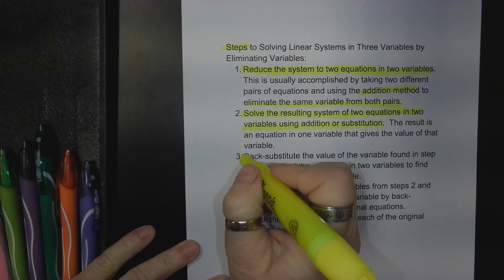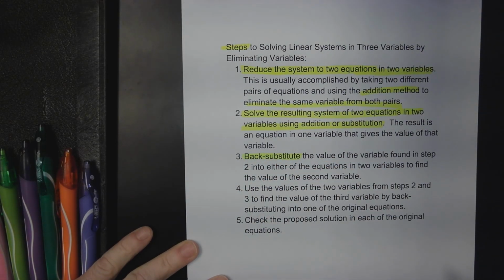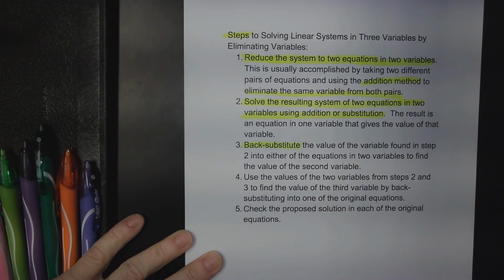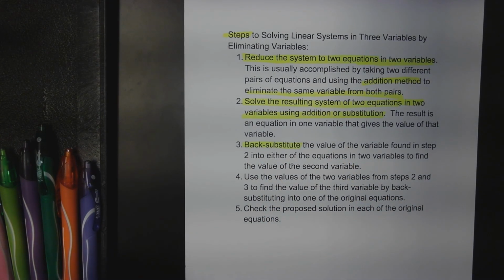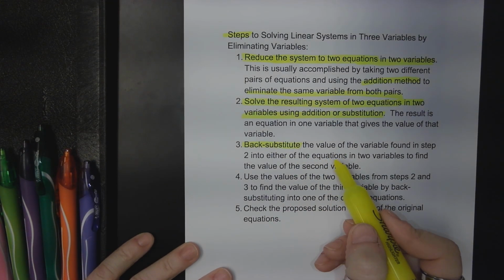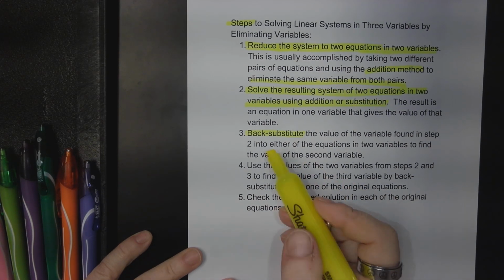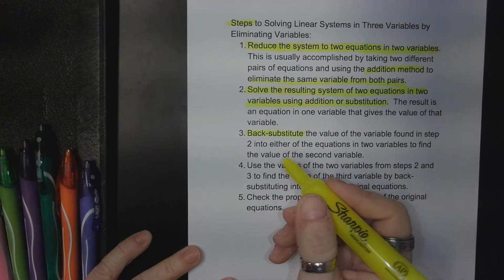Number 3, we're going to back substitute the value of the variable found in step 2 into either of the equations in 2 variables to find the value of the second variable. So we're just going to plug that value that we find back into one of the 2 from the step.